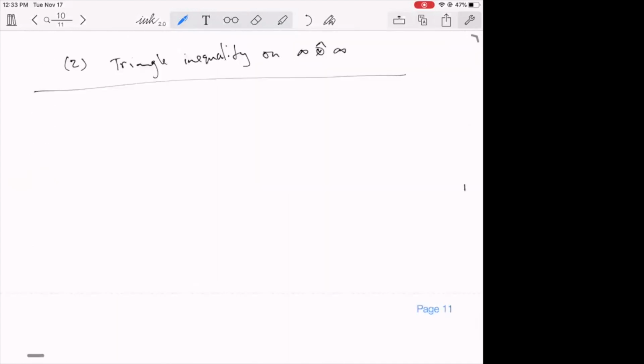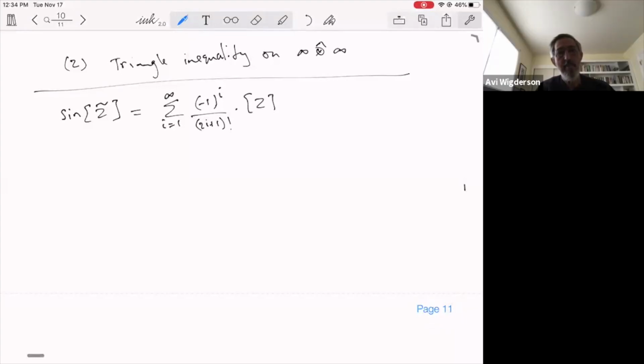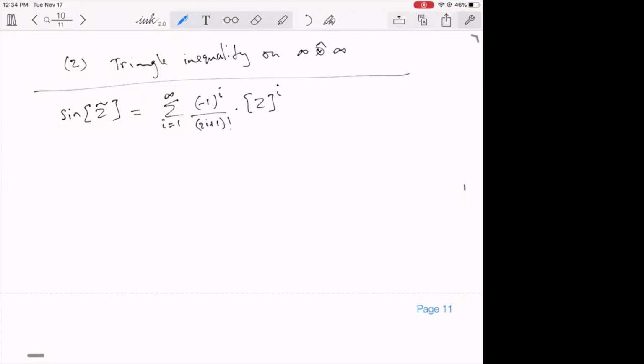So we have the trigonometric sine applied to Z tilde is equal to the summation of minus 1 to the i divided by 2i plus 1 factorial, this is the Taylor series of sin x, Z tilde to the i.